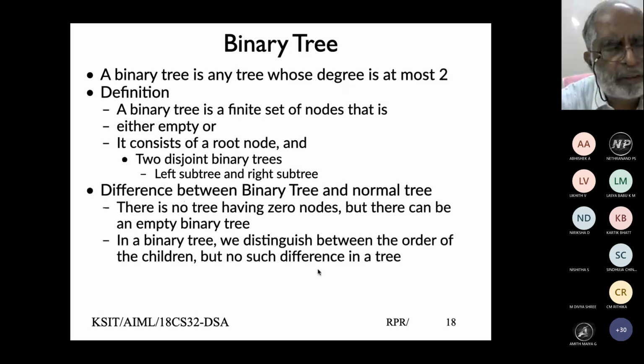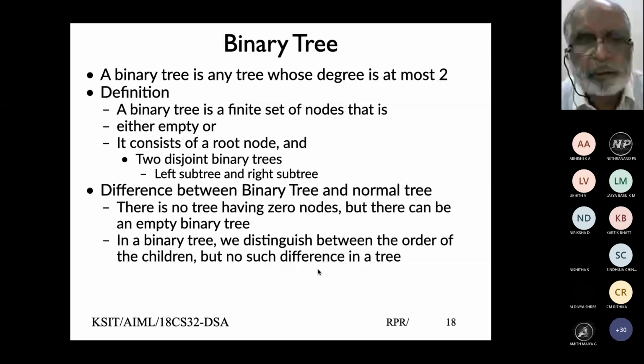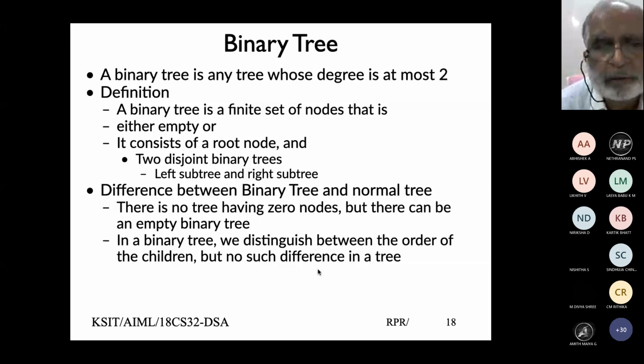By formal definition, a binary tree is a finite set of nodes which consists of a root node and 2 disjoint binary trees called the left subtree and right subtree. The difference between the binary tree and a normal tree is that in a binary tree there could be an empty tree, but in a normal tree there would not be an empty tree.